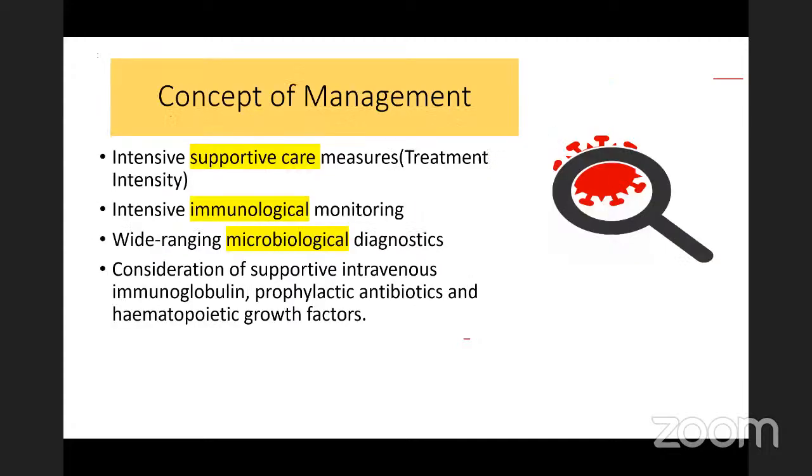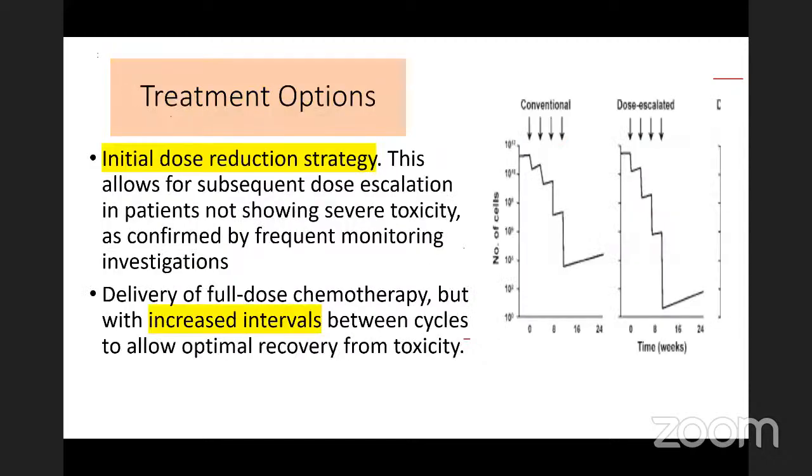Next, please. In managing those patients, we have to keep in mind that very intense supportive care should be given. We have to follow immunologically repeatedly by immunoglobulin assay, and this makes the decision of immunoglobulin replacement easier, with more microbiological diagnostics, more prophylactic antibacterials, more prophylactic intravenous immunoglobulin, and more growth factors in such patients.